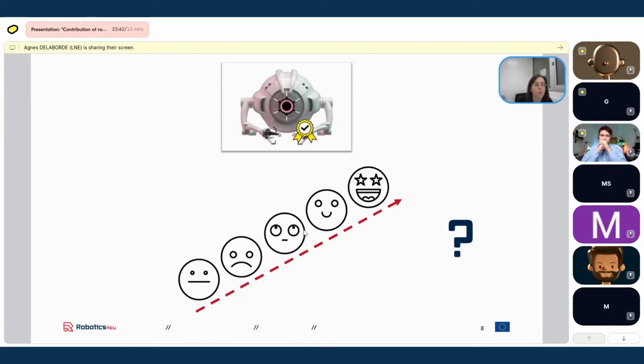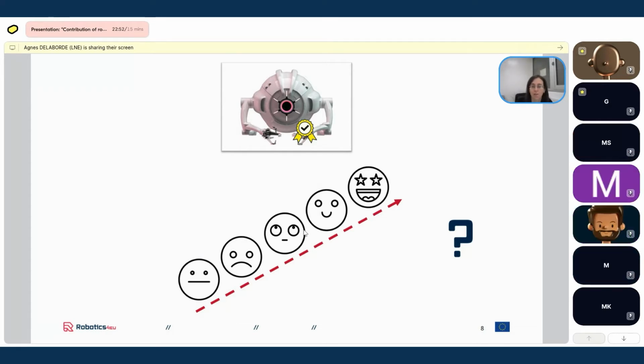So we guess that there might be differences in what is the meaning of a maturity score. And perhaps there are thresholds that are linked to the domain of application.